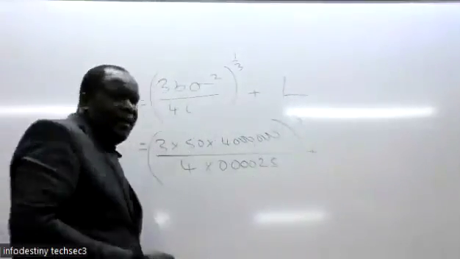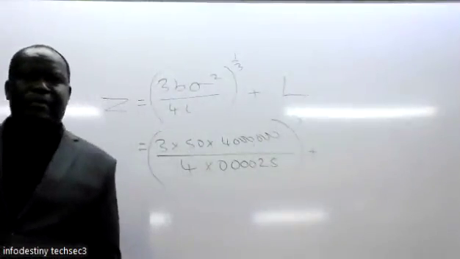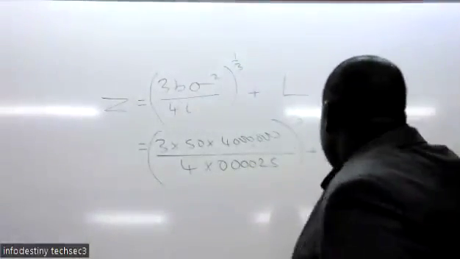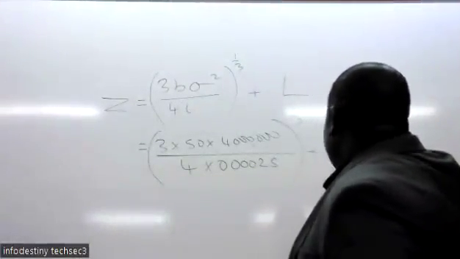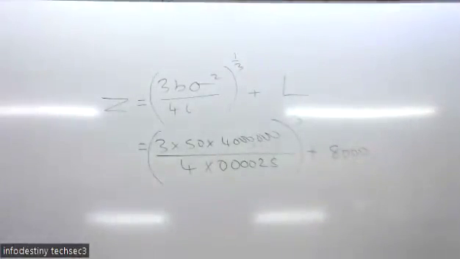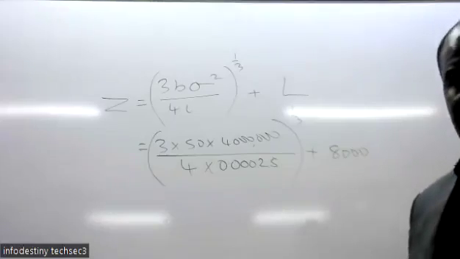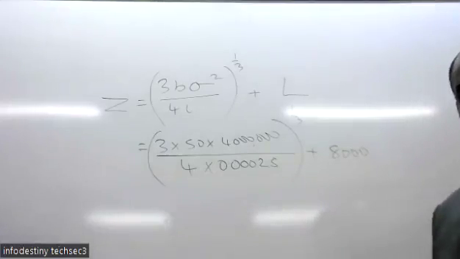Then we add L, the minimum cash balance. In note number 1, they gave you 8,000. Can you try and see what value we come up with on that figure?